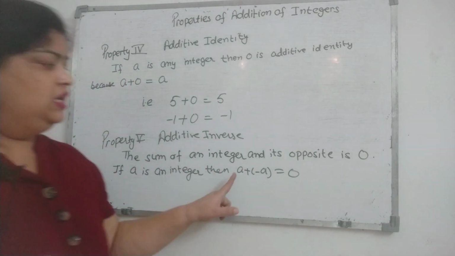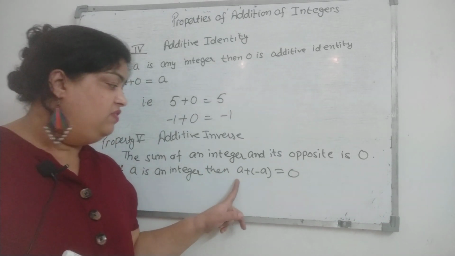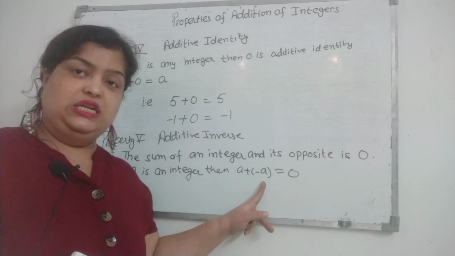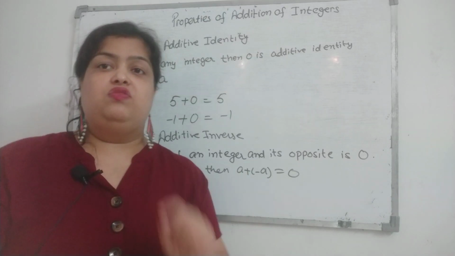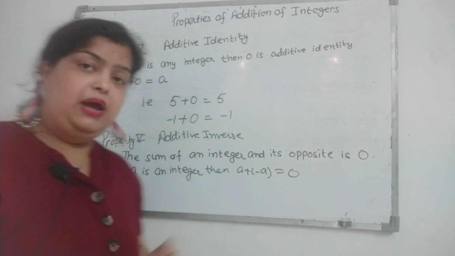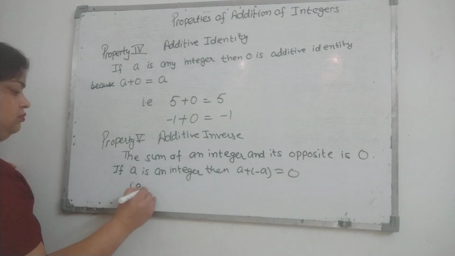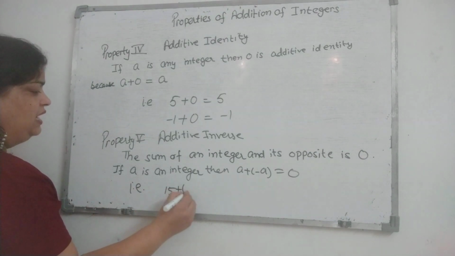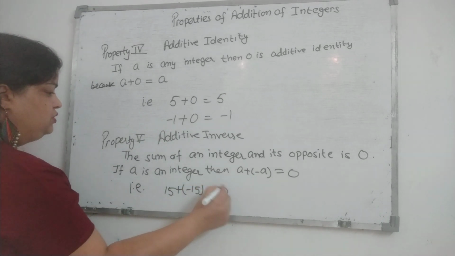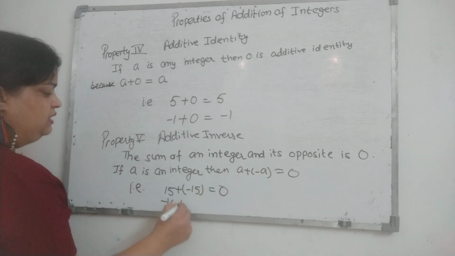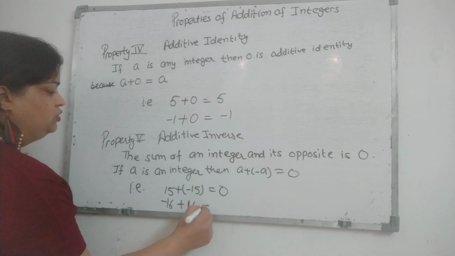It means the additive inverse of a is minus a. For example, 15 plus minus 15 is equal to 0. Minus 16 plus 16 is equal to 0.